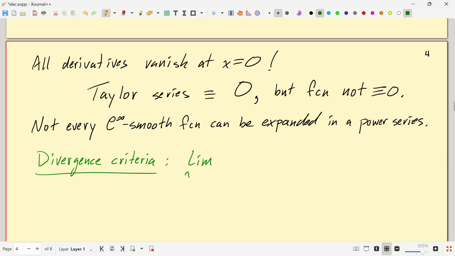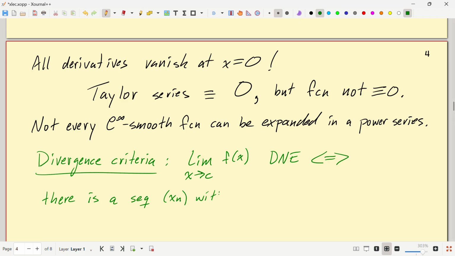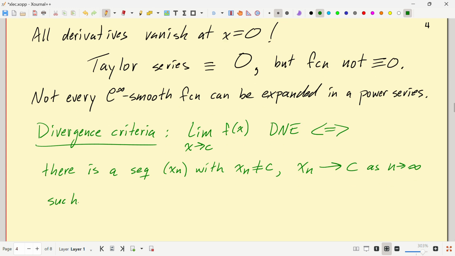The limit, as x tends to c, of f of x does not exist if and only if there is a sequence xn with all the xn's unequal to c and xn tending to c as n goes to infinity, such that the limit as n goes to infinity of f of xn does not exist.